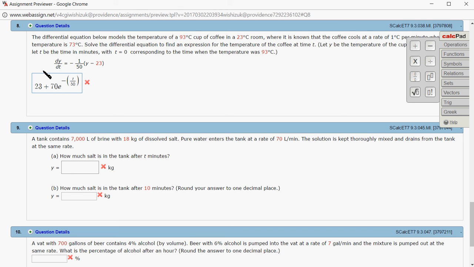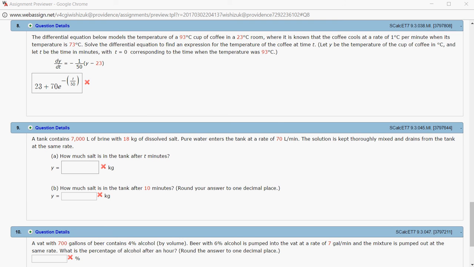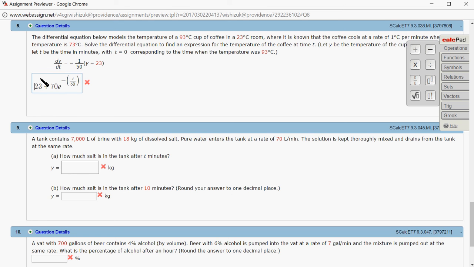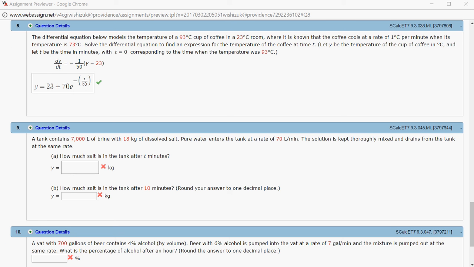Let's submit for testing. It looks like it didn't like my answer, but maybe it wants y equals. So submit for testing again. It came back, and I think that was the problem.